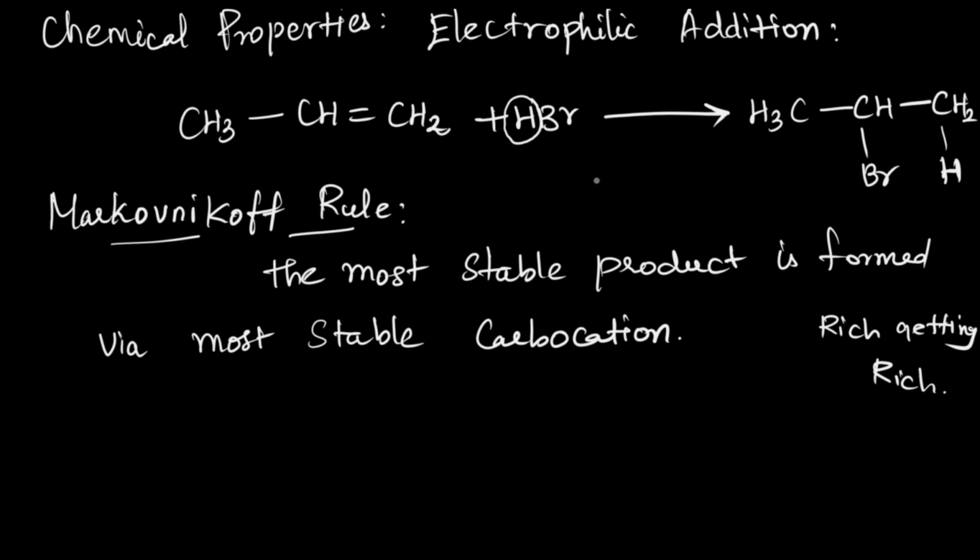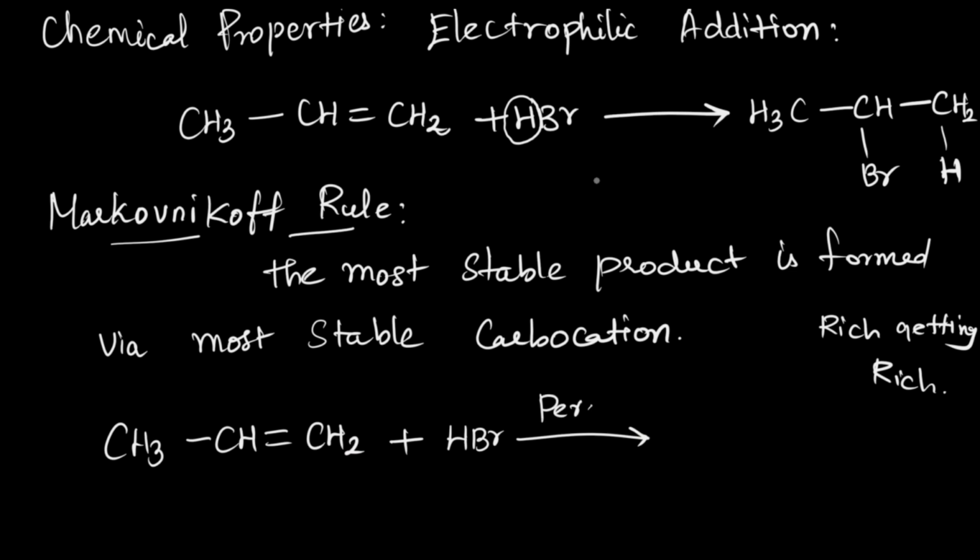What about if I am having peroxide with HBr? This kind of combo. I'm taking the same molecule, but here I'm taking peroxide along with HBr. In this combo, particularly the HBr peroxide combo will lead to anti-Markovnikov addition. It's just opposite to Markovnikov's rule.